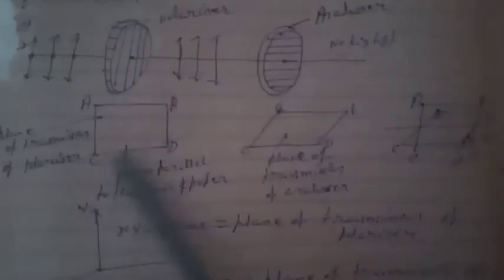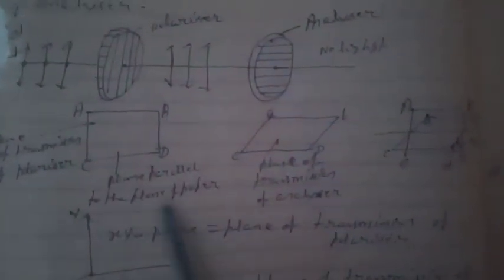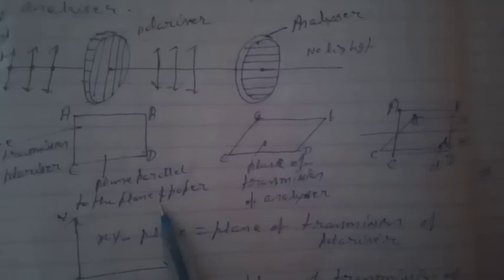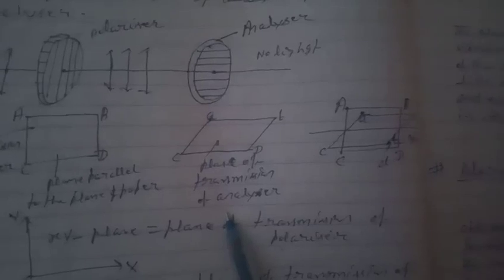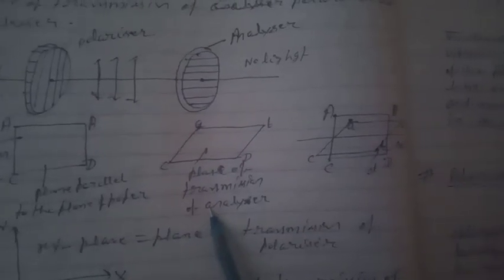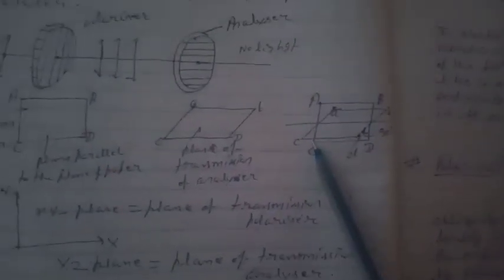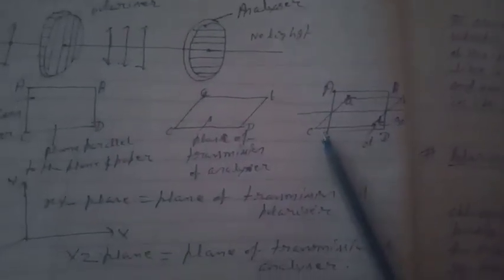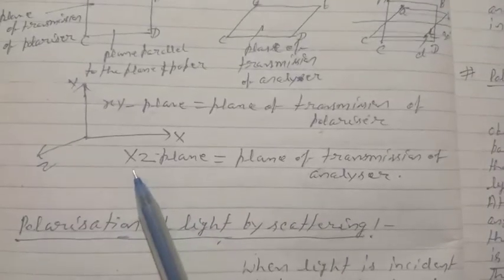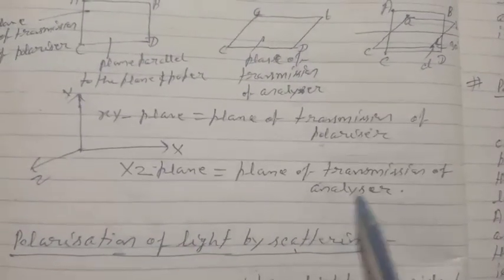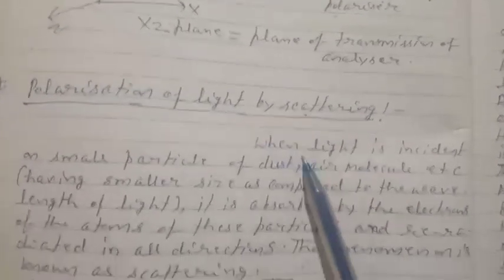This is the plane of the polarizer, that is, the plane parallel to the plane of paper, and this is the plane of transmission of the analyzer, and this is shown here like this. This is represented in the xy plane of transmission of the polarizer, and the xz plane represents the plane of transmission of the analyzer.